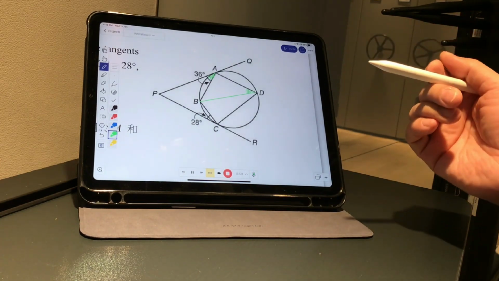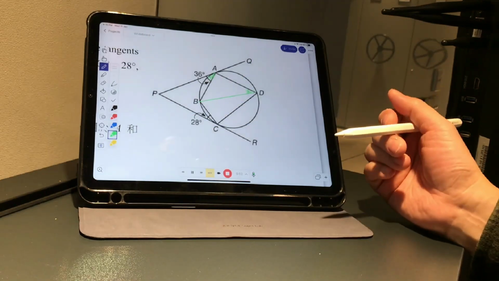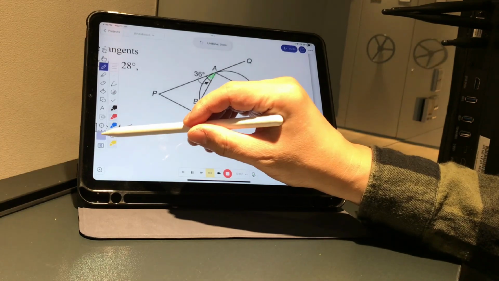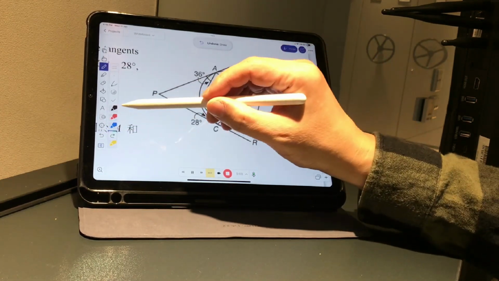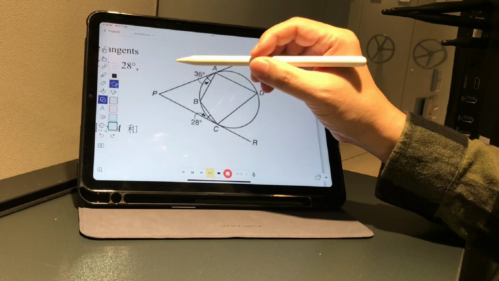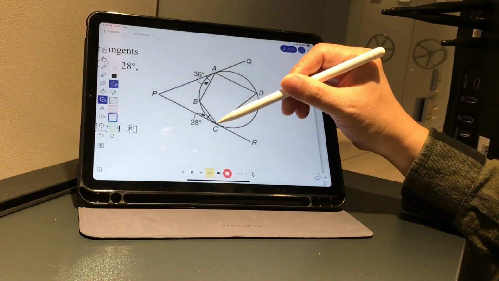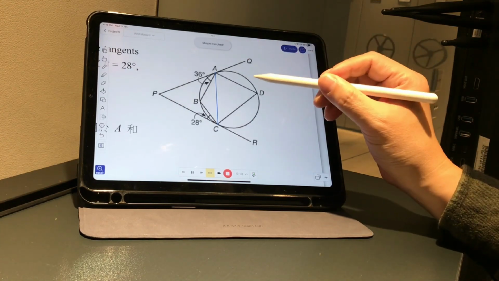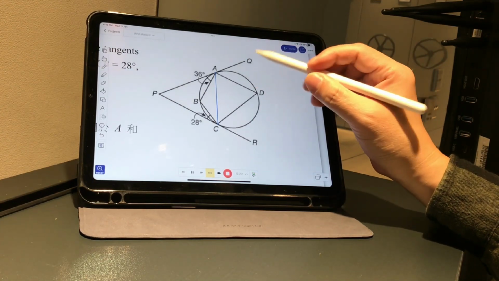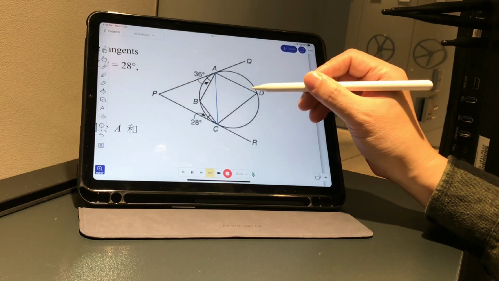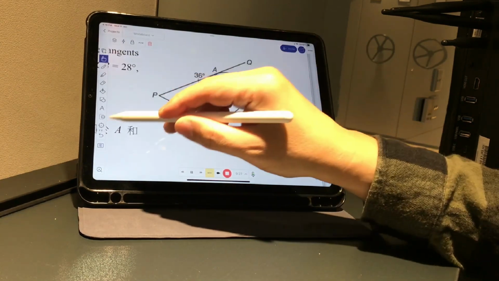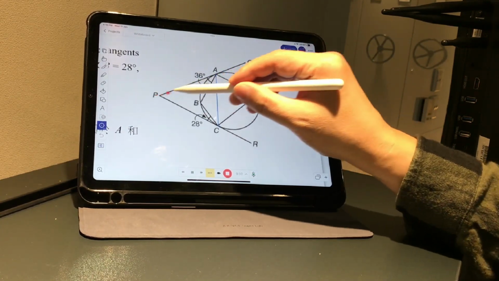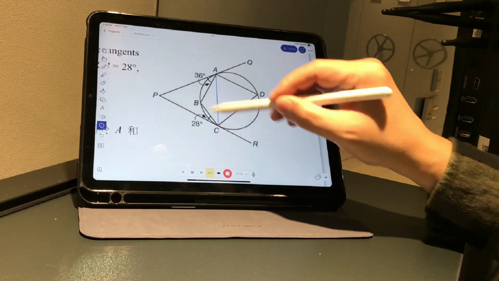So that gives you some more hints. And for the second part, if you have no clues, you can do the same thing. You can construct another line like this. And then with some properties like the opposite angles add up to 180 degrees, and this is also a tangent, this equals this.